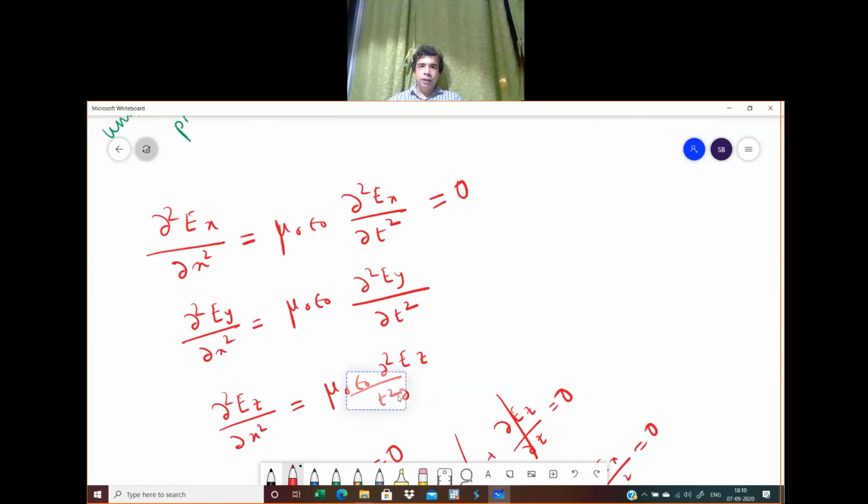Now, this is clearly not equal to 0. This is a constant value and cannot be 0. Similarly, this cannot be 0 either. Neither mu naught nor epsilon naught can be 0. They are constants. So if this has to be 0, then this must be 0.